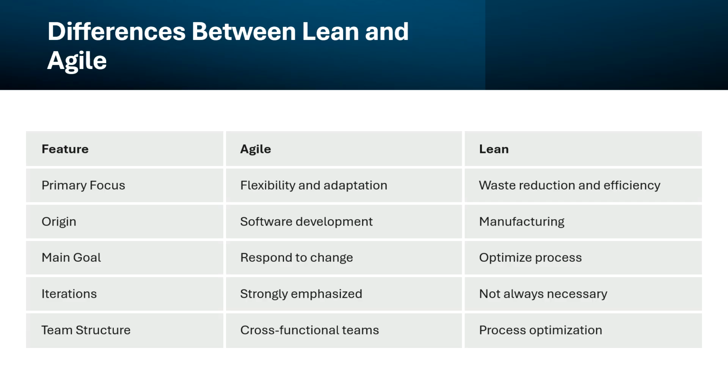So agile originated in, ये बहुत important point है कि agile originated in software development while lean originated in manufacturing. So agile strongly emphasizes iterations while lean focuses more on optimizing the process, के process को आप better करें, right?